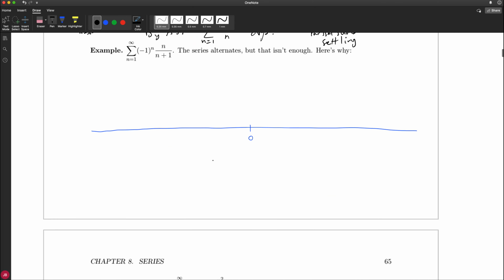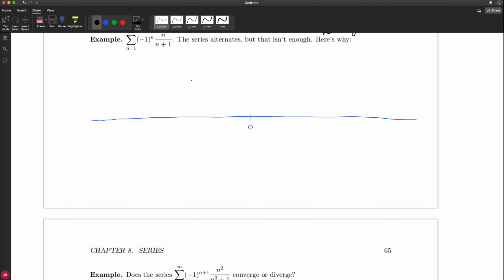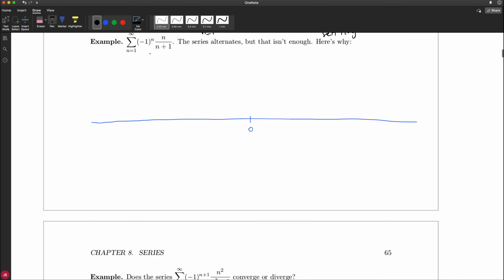All right, so now coming down here, let's see what happens here. So we see that it's alternating. The Bn appears to be n over n plus 1, okay? So the first number we get when we plug in n equals 1, our first partial sum, is negative 1/2. Now we add on to that to get our second partial sum when n equals 2.